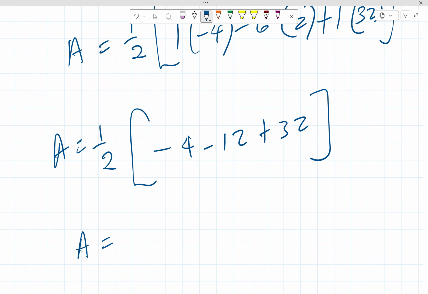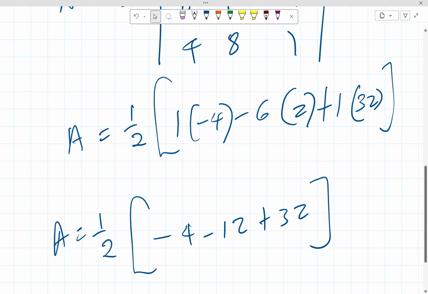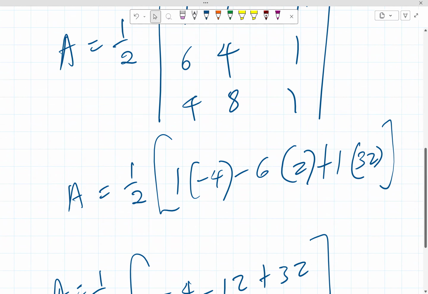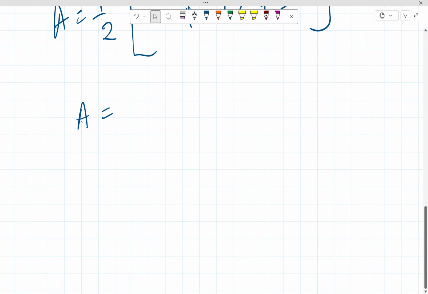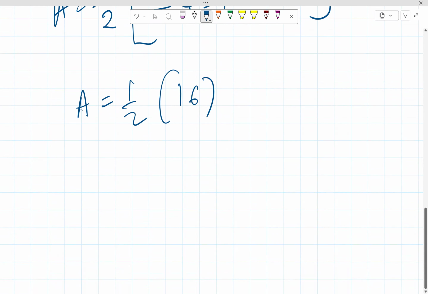So area is, are we good? This is minus 4 minus 12. That's minus 16. Okay, that's half into 16. So A is 8. Really?